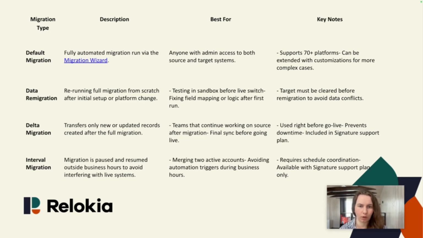It's designed for everyone with admin access to both source and target platform. Default migration is standardized for over 70 supported platforms. Some limitations may apply due to platform architecture differences.